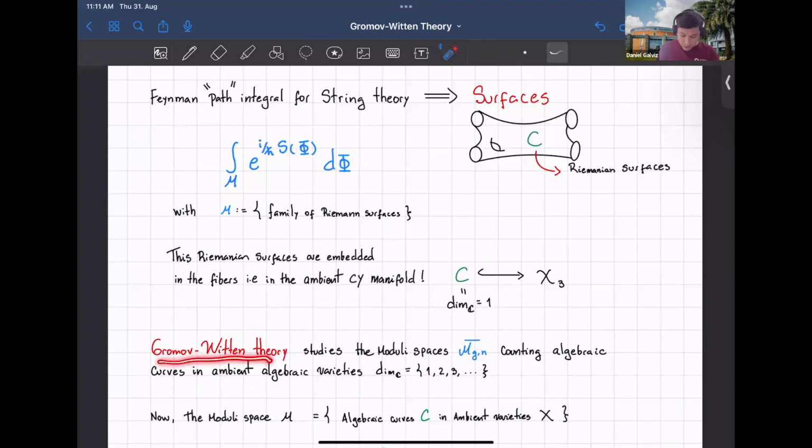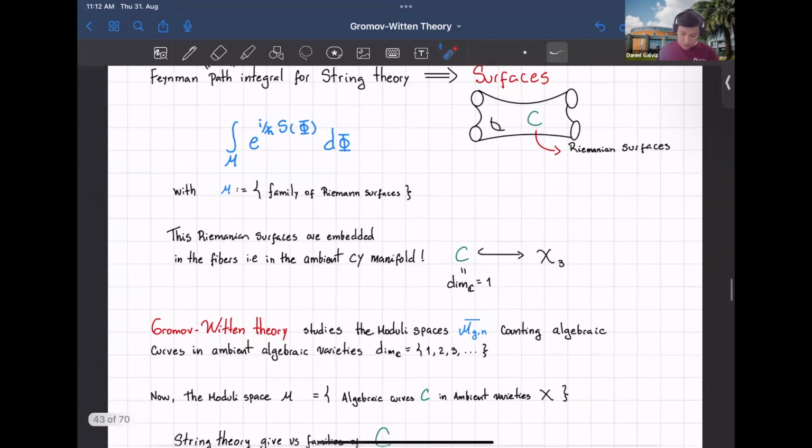So Gromov-Witten theory studies the moduli space, which we will call M, counting algebraic curves in ambient algebraic varieties of complex dimension 1, 2, 3, and so on. Of course, the dimension of the curves should be lower than the dimension of the ambient space.